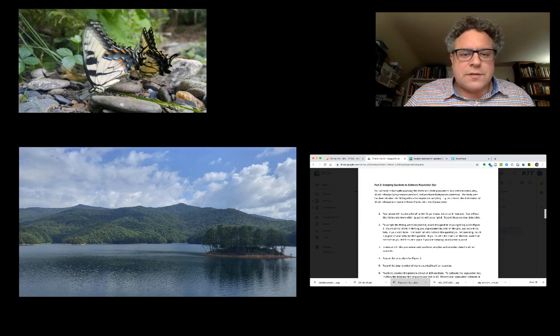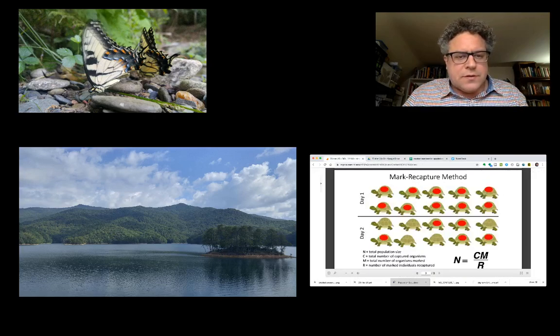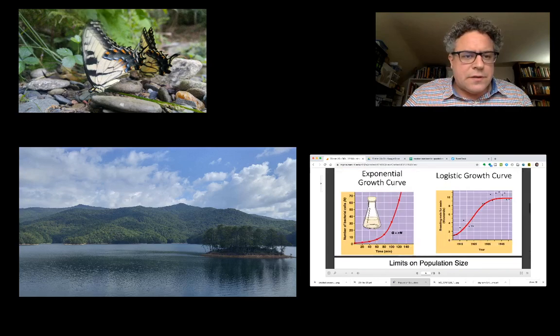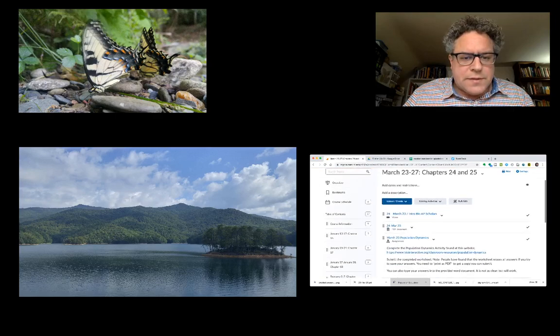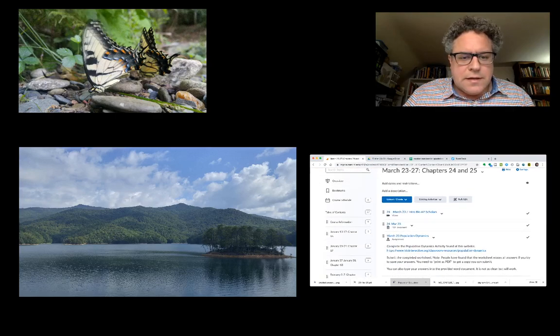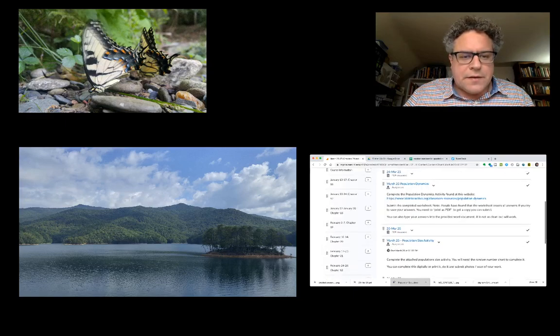Follow these directions. One thing I want to point out is that your group will receive a list of randomly generated letters and numbers. In the My Courses assignment, let me just go back here so I can show you. You will see that there is this assignment here, complete it, and then down here, the 25th.